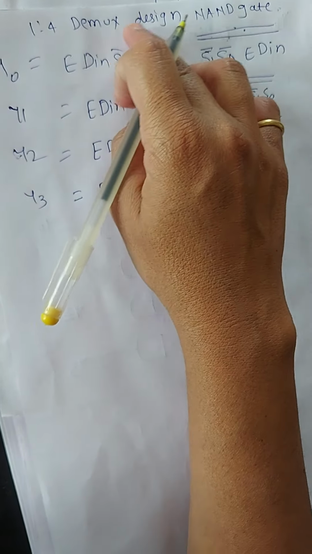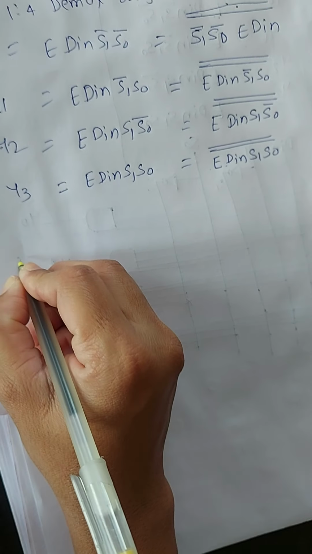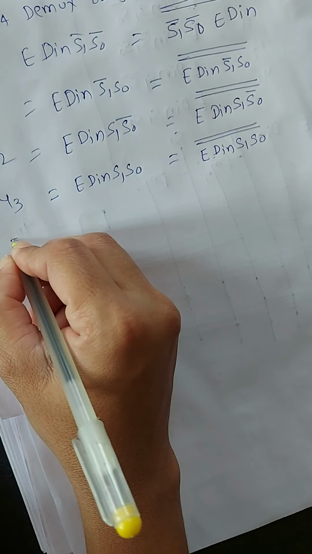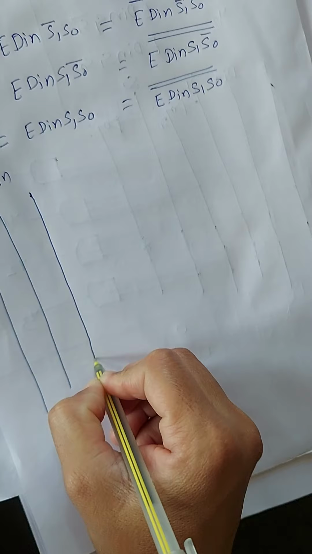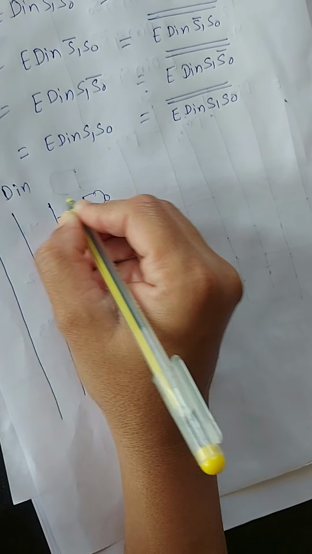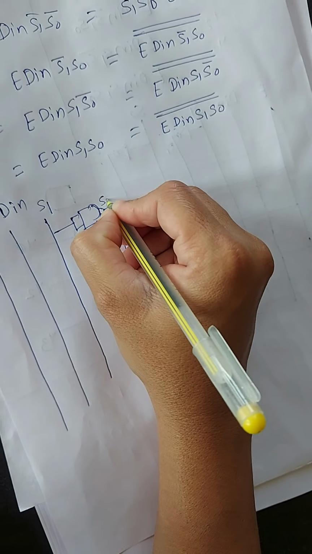So this is the 1:4 demux using NAND gates. You have to design it using only NAND gates. So this is the equation E, D in, S1 bar and S0 bar, and we realize the diagram using only NAND gates. This is S1, and the output of that NAND gate is S1 bar.